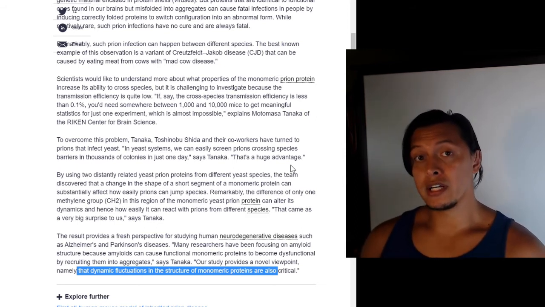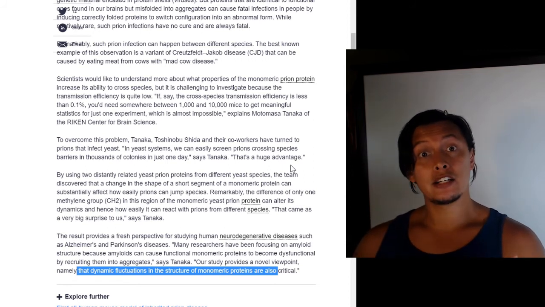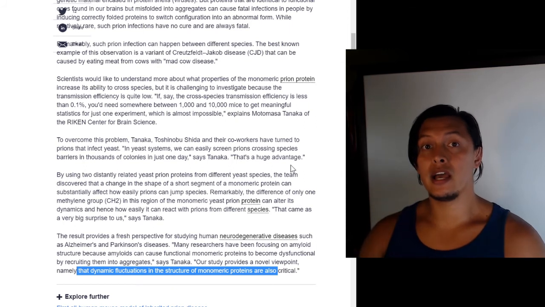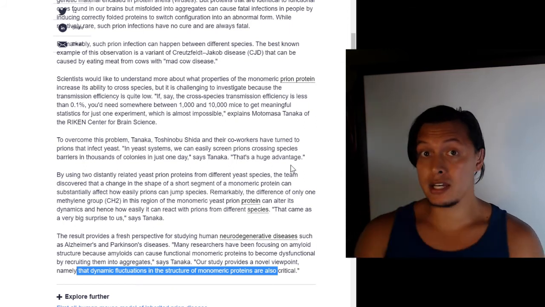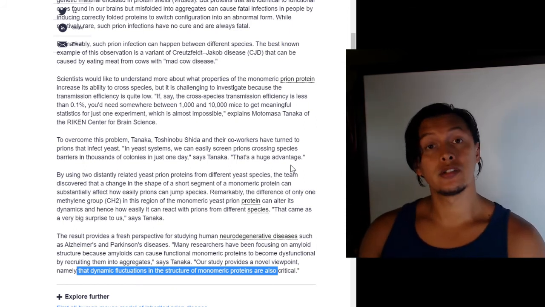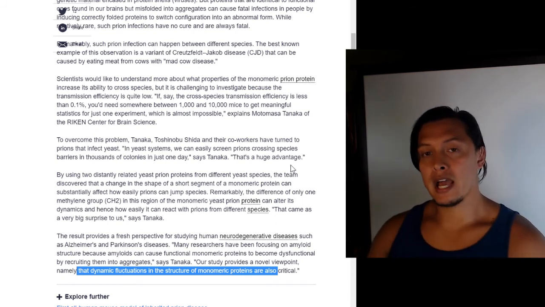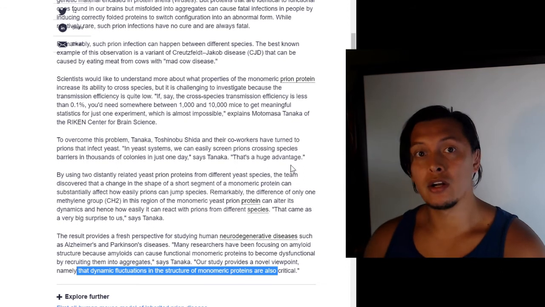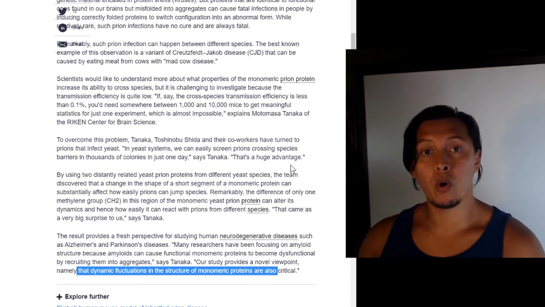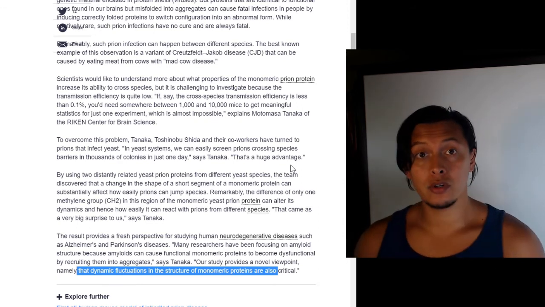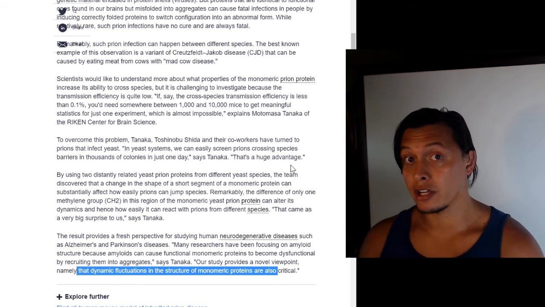What would be interesting would be to take that shorter segment that is known to form these plaques, and transfect it into yeast and see, by doing mutational studies, what parts of the amyloid beta peptide are important in forming these plaques.